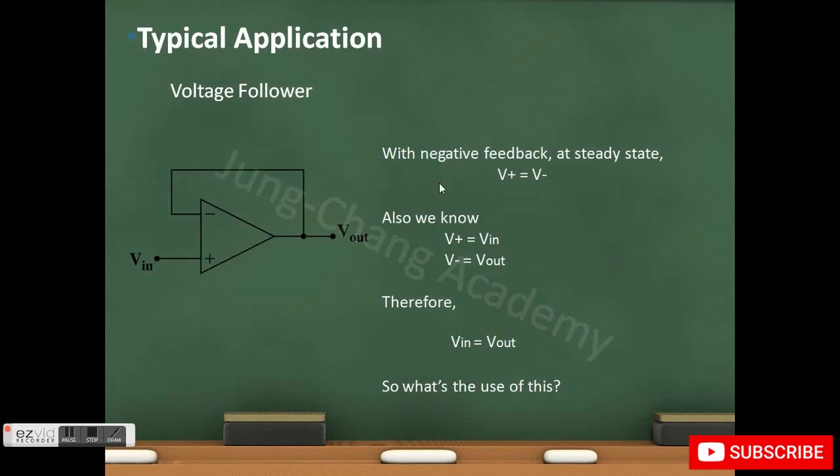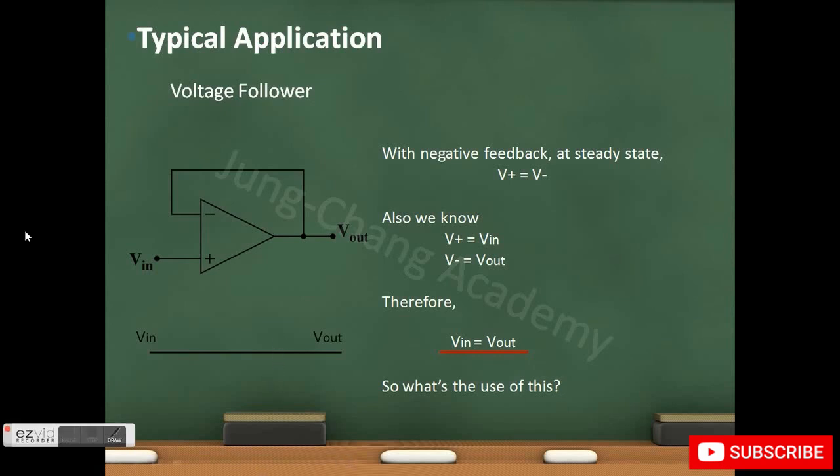Another very interesting but commonly used configuration for the operational amplifier is this. This is known as the voltage follower. Basically, the output voltage will just be the same as the input voltage. So why do we need to use this? Why don't we just have a wire to pass on the input voltage like this?